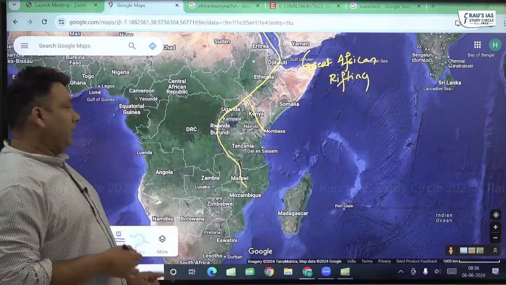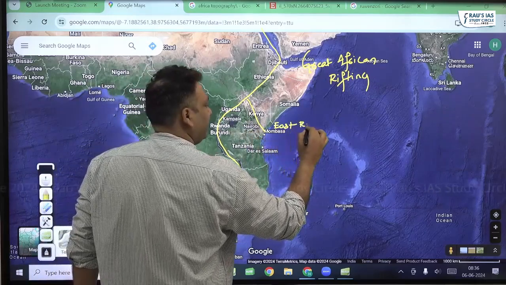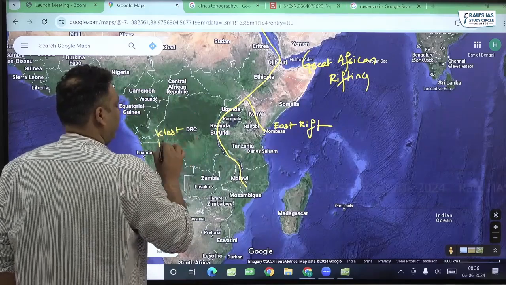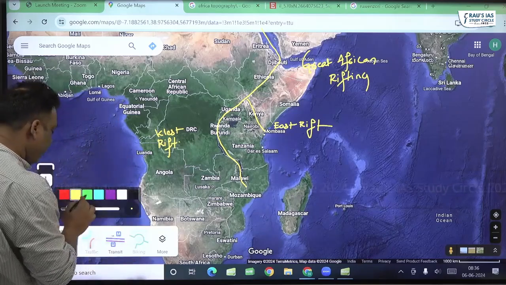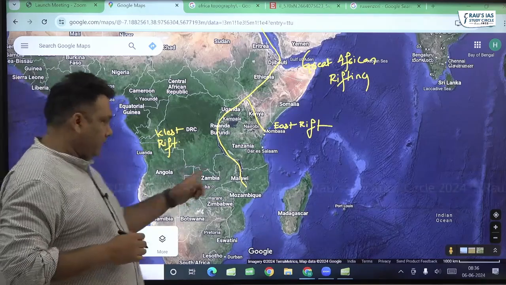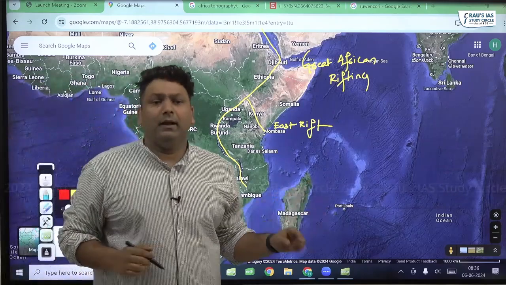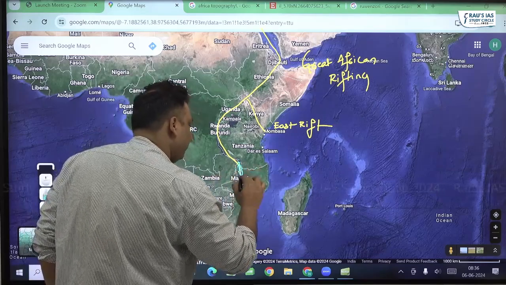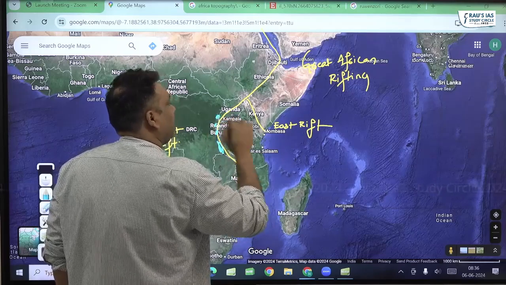This branch is called the East Rift. And this branch is called the West Rift. Whenever the crack opens wide, water will be accumulated in this and lakes will be formed. So that's why you have these lakes around the Great African Rifting.